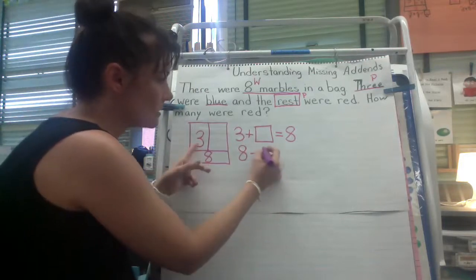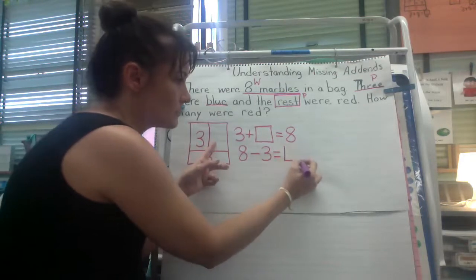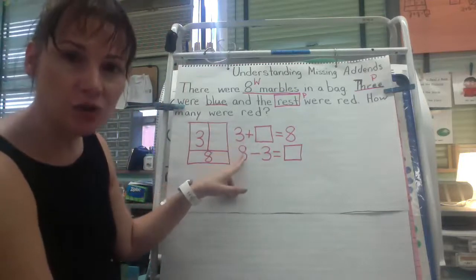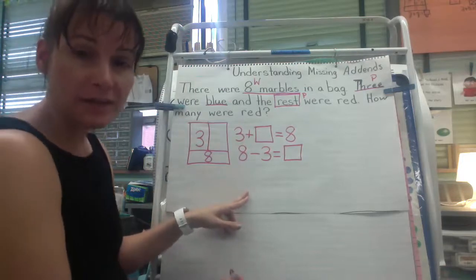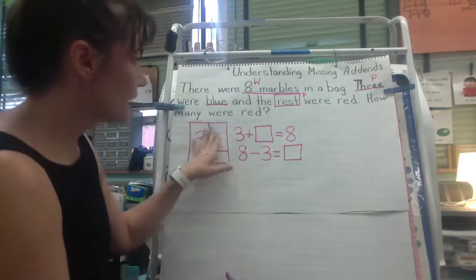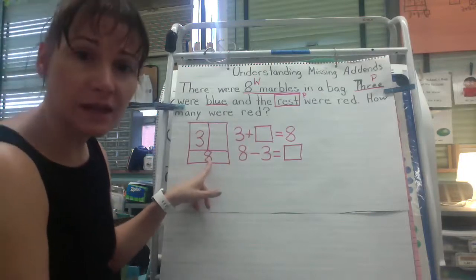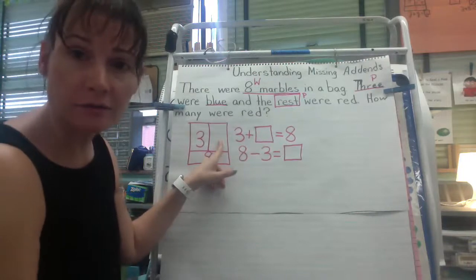So 8 minus 3 equals my missing part. So addition and subtraction can both be used to help you solve this problem. So let's see. If I had 3 and I needed to get to 8, how many would I count on?